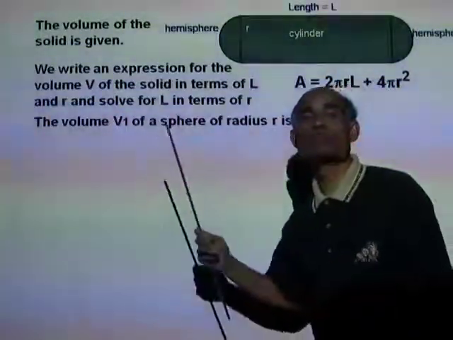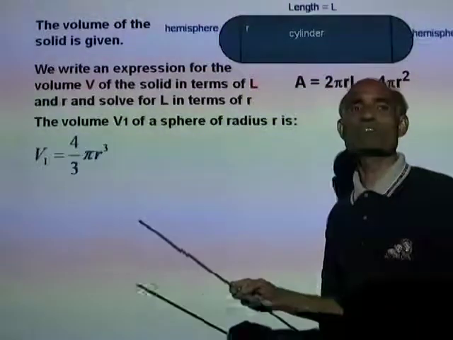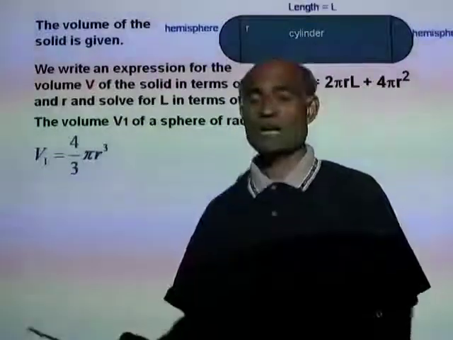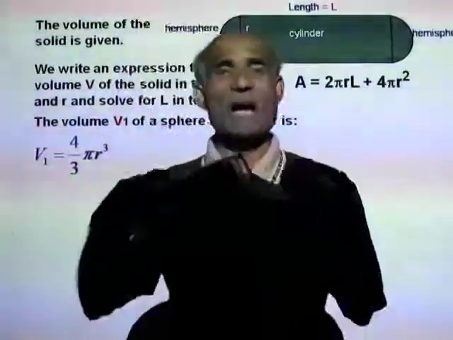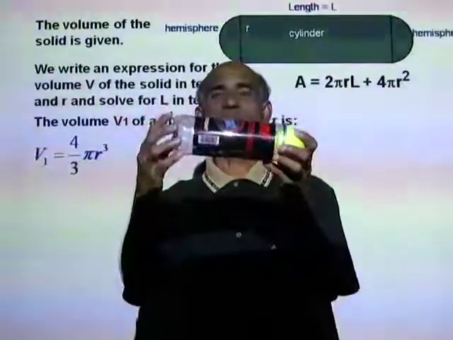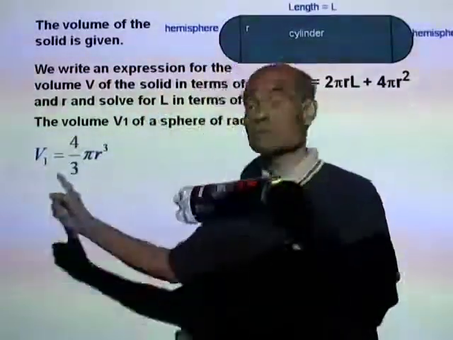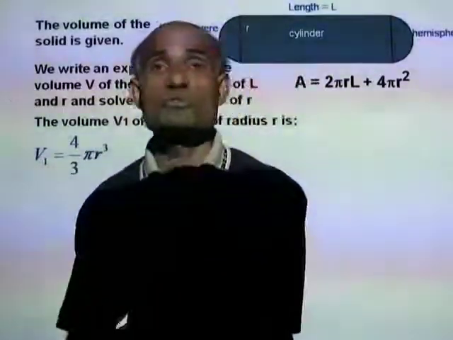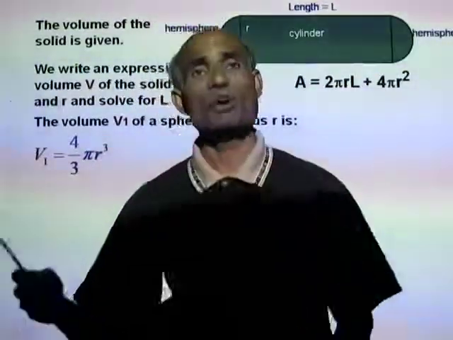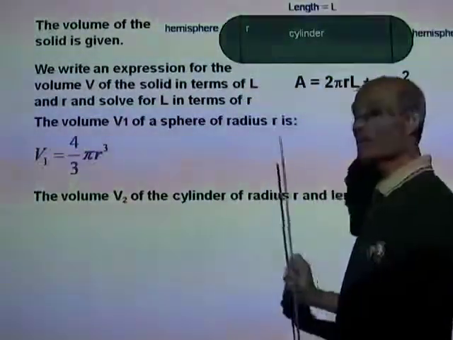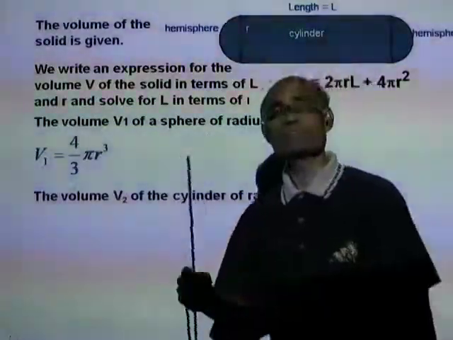What is the volume of a sphere of radius r? 4/3 pi r cubed. And since we have half a sphere on the right and half a sphere on the left, we have one whole sphere, and this is the total volume of those two hemispheres, and I call it V1. And volume V2 of the cylinder, what is the volume V2 of the cylinder?